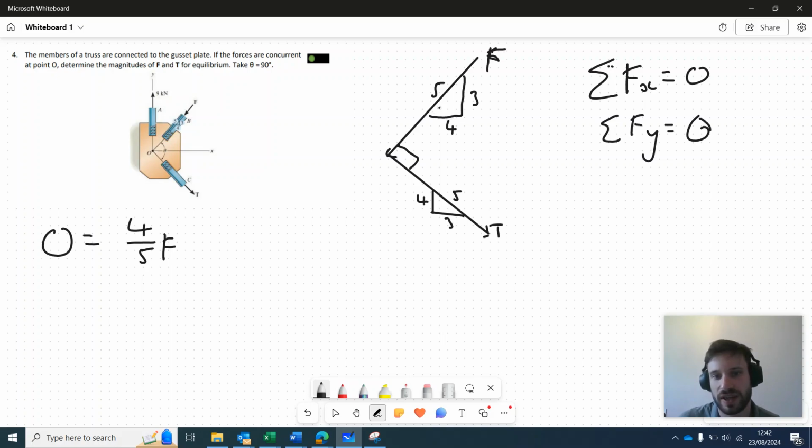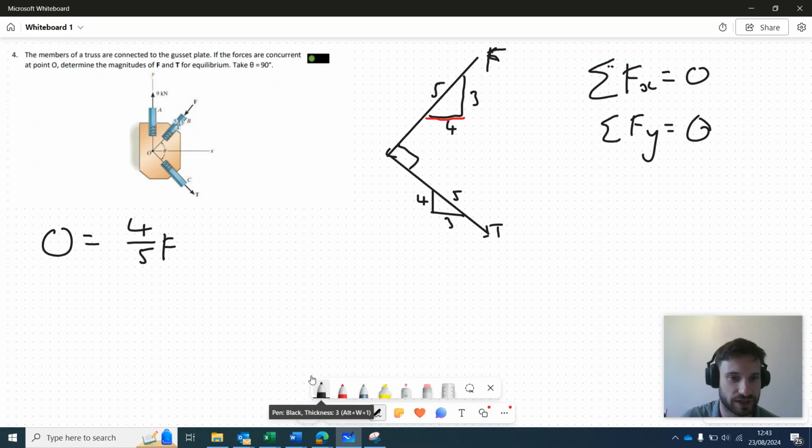So what we can say is that the magnitude of the horizontal component can be taken as 4/5 of the magnitude of the force. So the horizontal component of force F is 4/5 F, where F is the overall magnitude of the force.